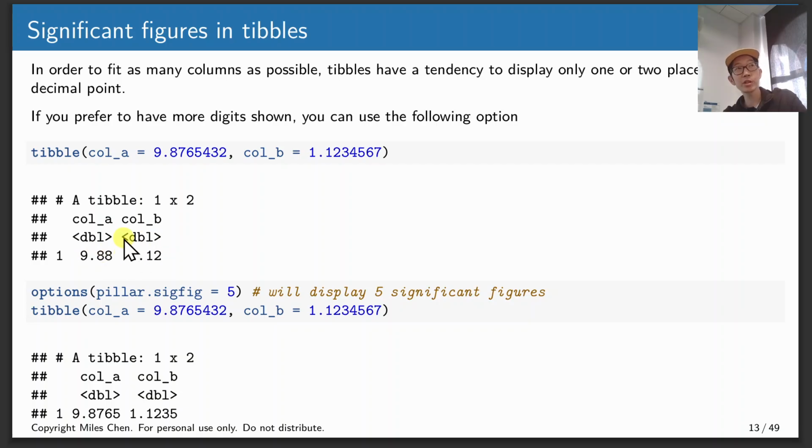Again, it retains all of the information. It's not rounding them off. It's just that when it comes to display, it only shows the first 3 significant figures, and that's just so it can fit as much information as possible on the screen.